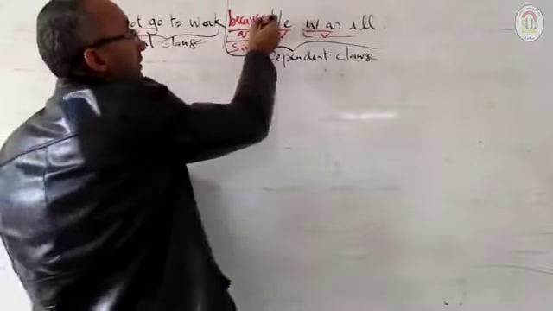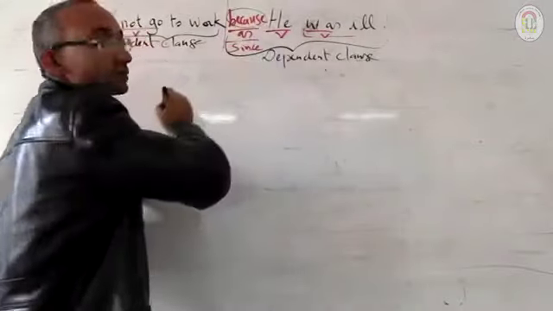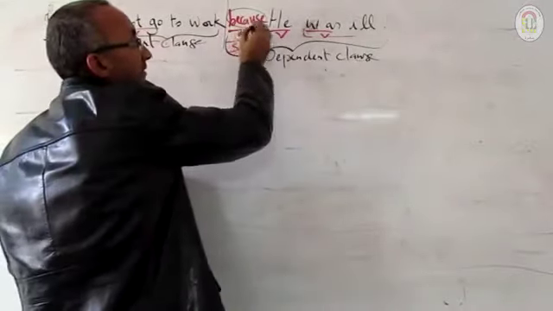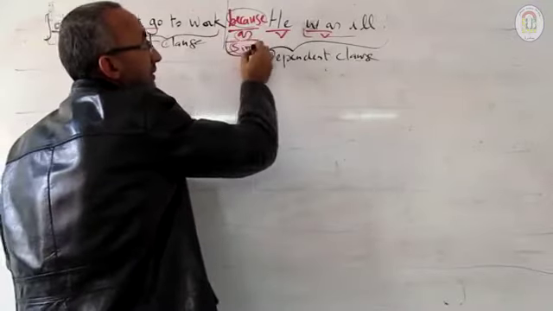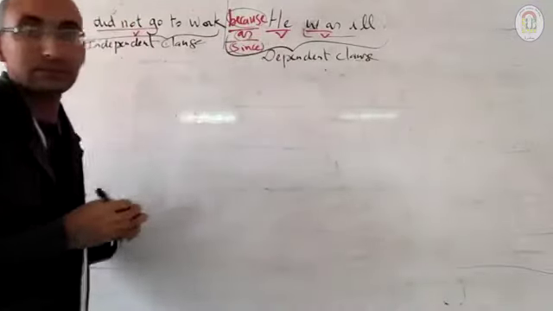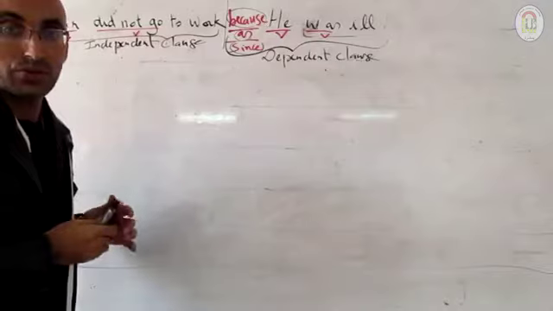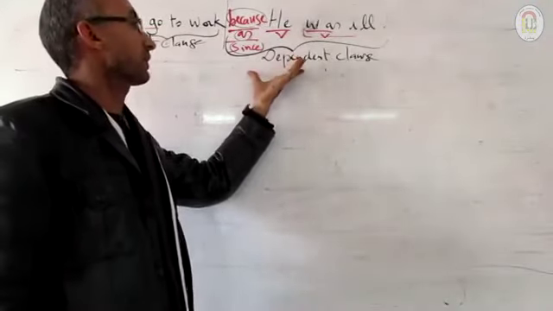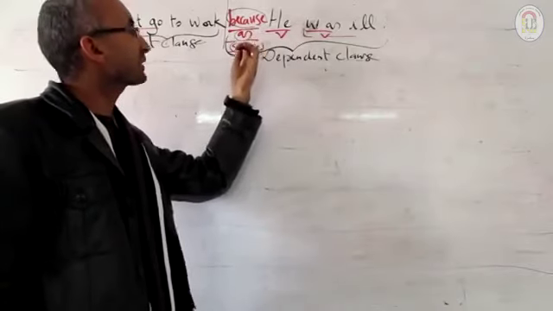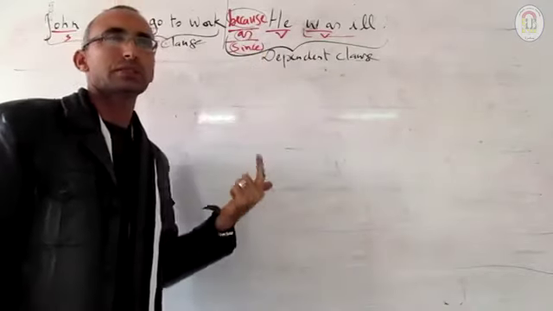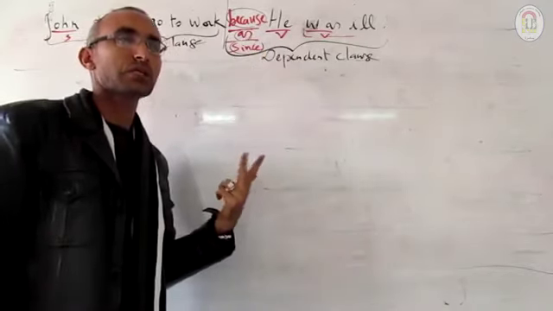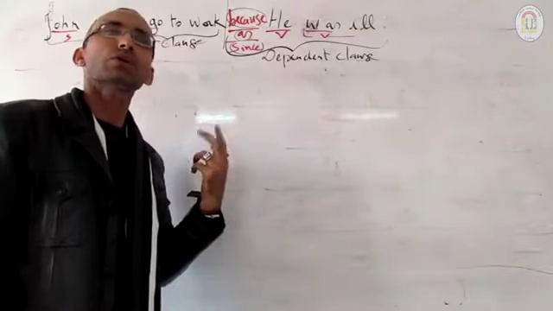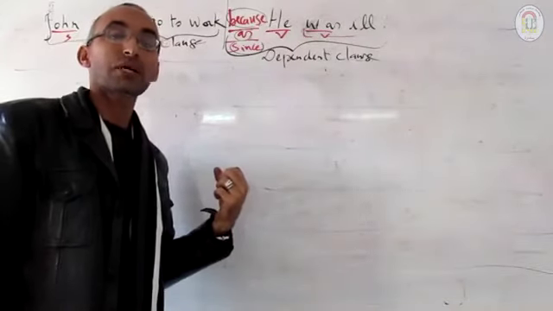Now, how does it start? It starts with because, or with as, or with since. Now, this clause, which starts with one of these, what are these? Because, since, as, to express cause and reason in English, they are also called conjunctions, but of what?